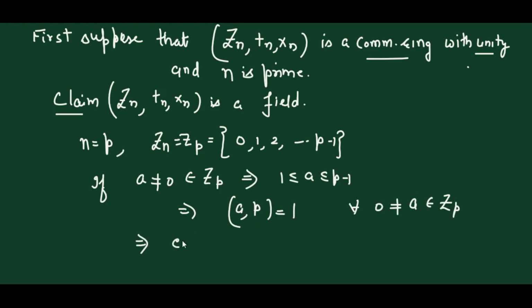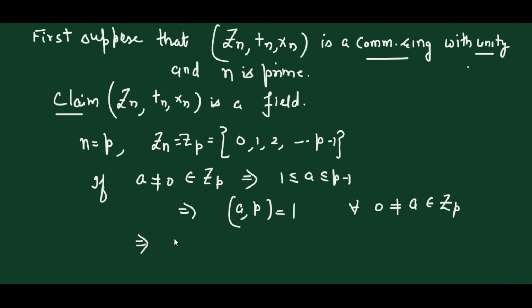This implies every non-zero element of Zp is co-prime to p. And a few steps back, we have shown that if any element is co-prime to n, then it is invertible.